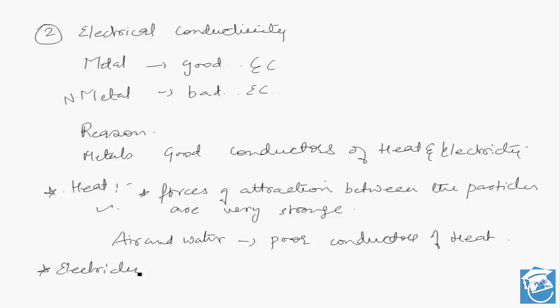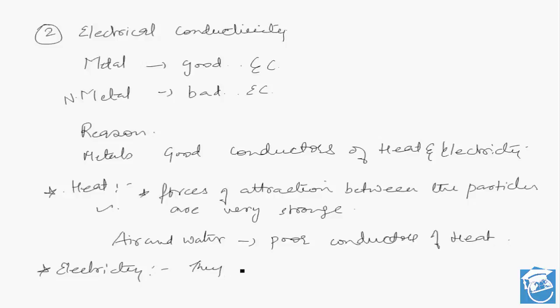Now the electricity. Why do we say that metals are good conductors of electricity? Just because metals have free electrons, that is the valence electrons, which are loosely bonded to the atom.